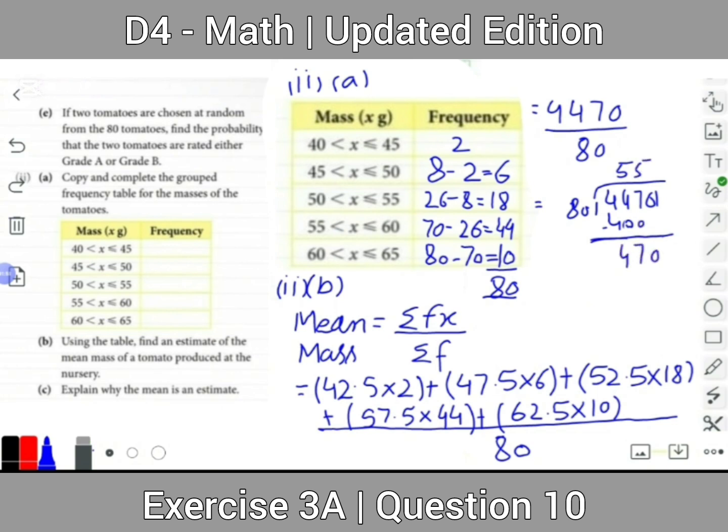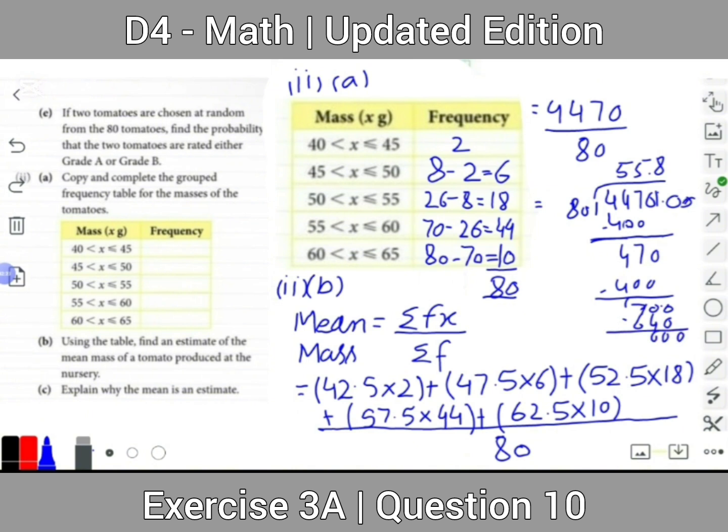Again 80 times 5 is 400. Here we have 70. Now we put the decimal point here and add a zero, so we have 700. 80 times 8 is 640, so we have 60 left, and 600.